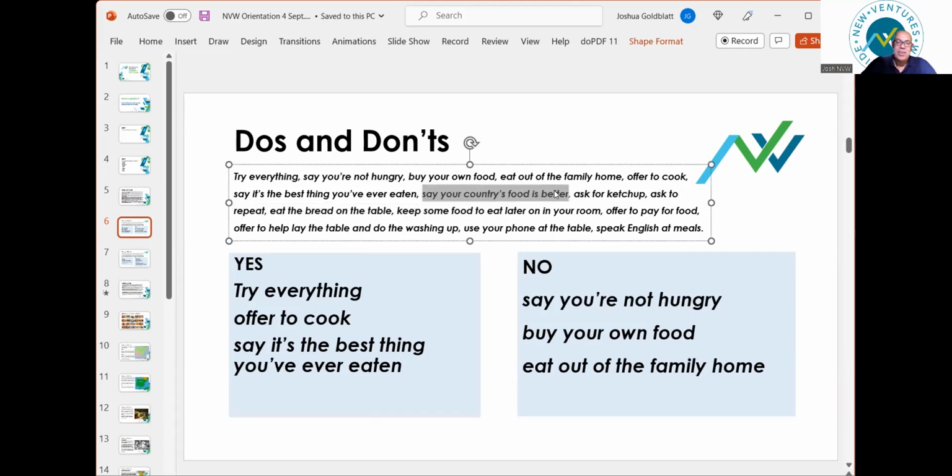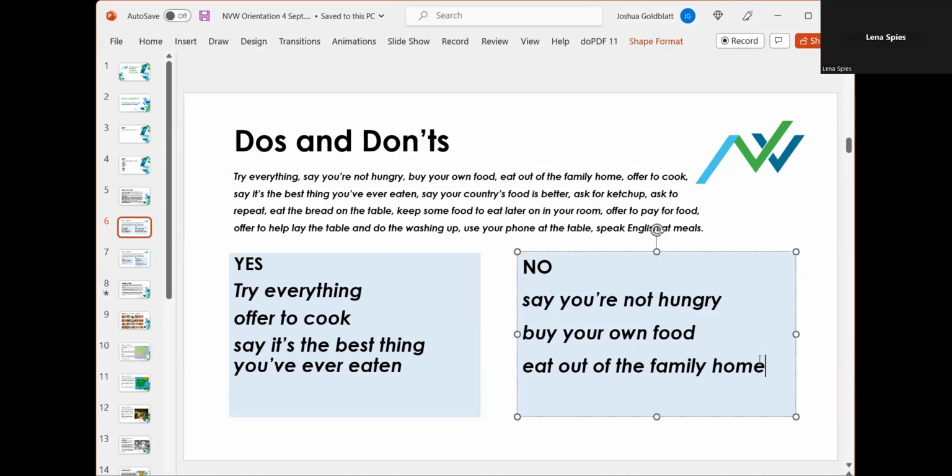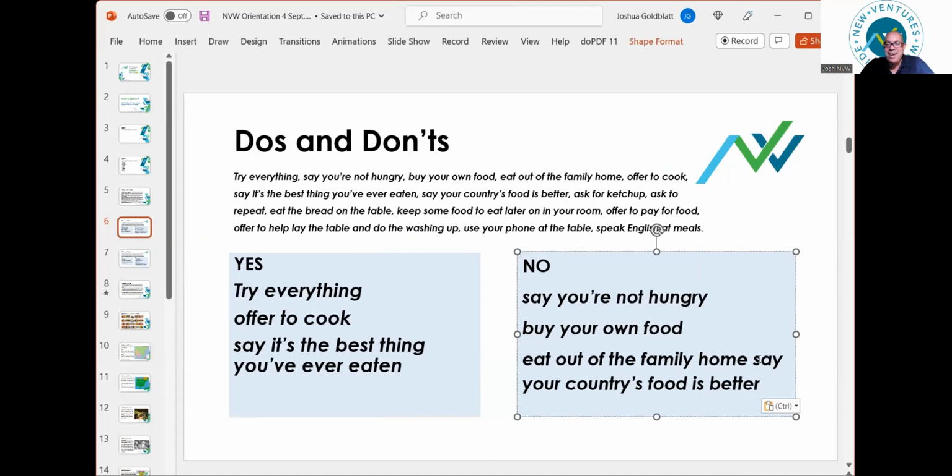What about this? You say that your country's food is better. Lena, is that a good thing to say? I think no. No, absolutely not. No, because they won't believe you. What?